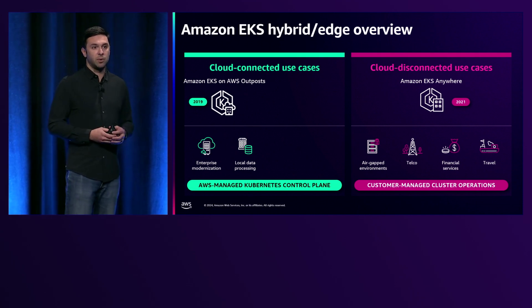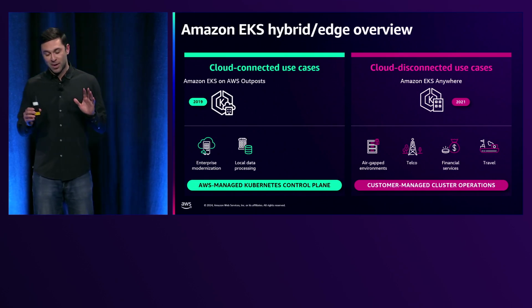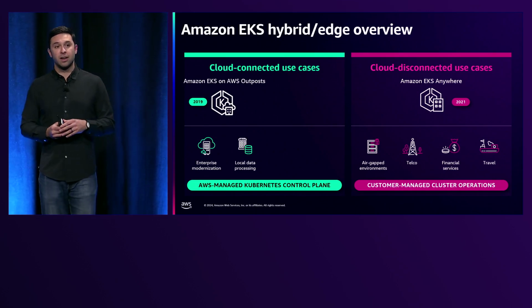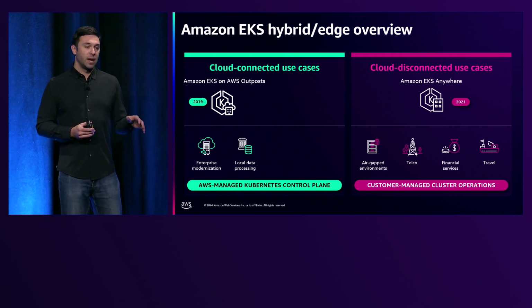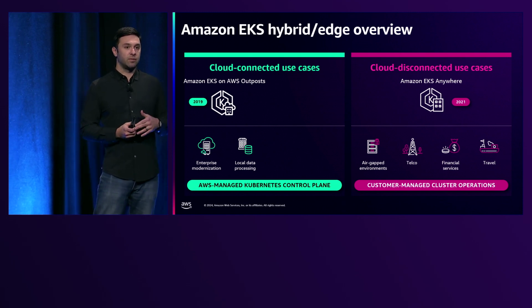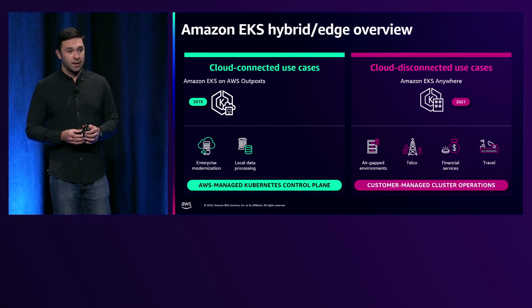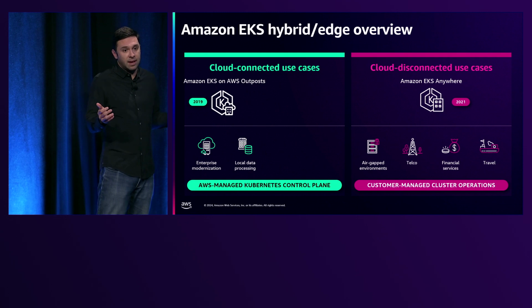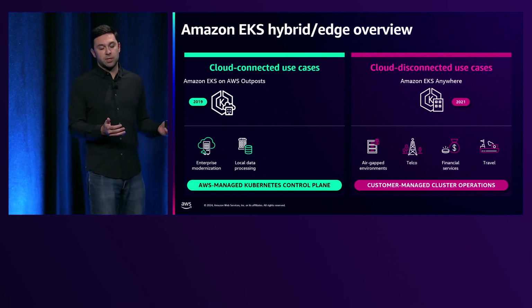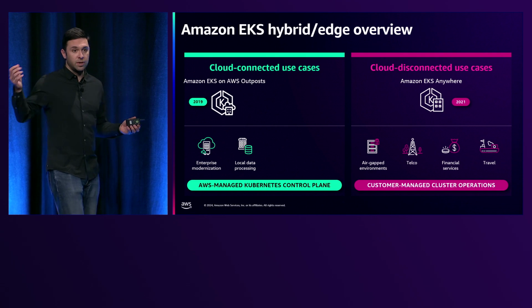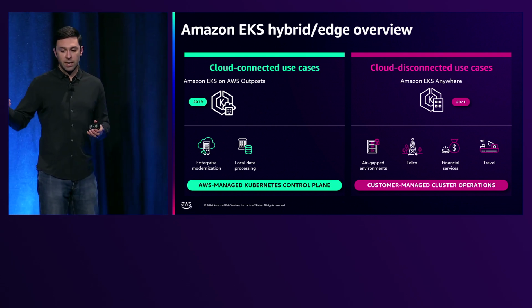EKSA is AWS managed or AWS supported Kubernetes management software that runs on infrastructure that you manage. And EKSA simplifies the infrastructure provisioning and lifecycle management of Kubernetes clusters on your own hardware. Customers told us that they really like that they can now use this AWS-supported Kubernetes offering on their own infrastructure, so on their own vSphere or bare metal or Nutanix.